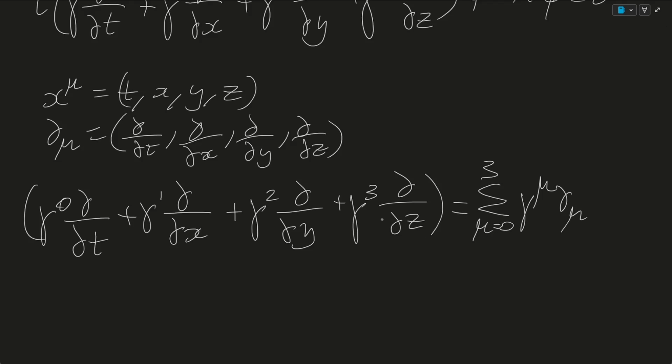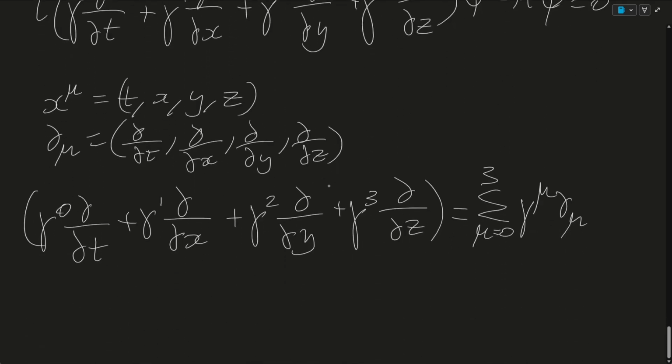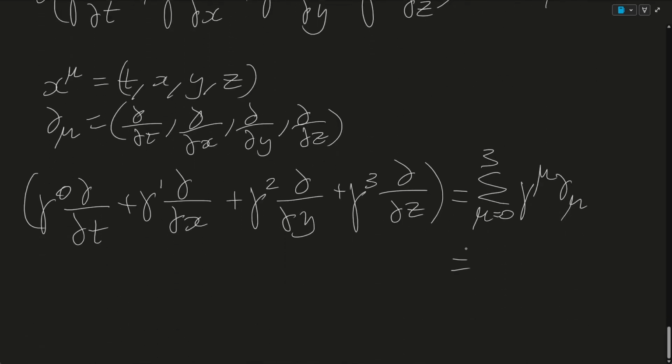This is our summing notation, and further we can literally just write this as gamma mu times partial sub mu, which is often what it gets written as.